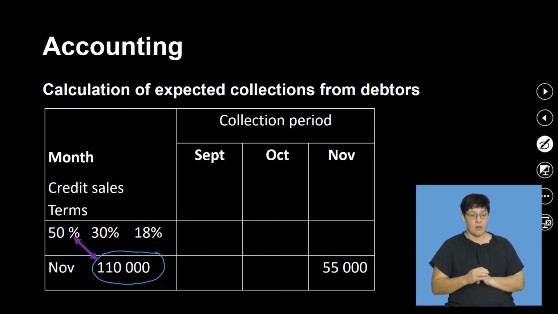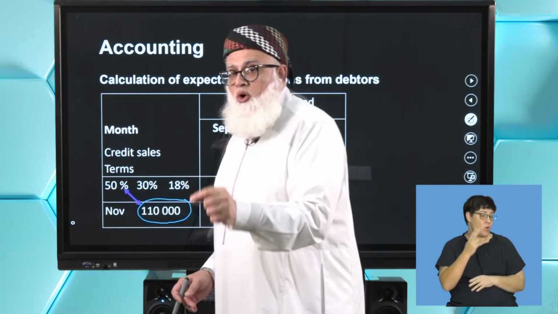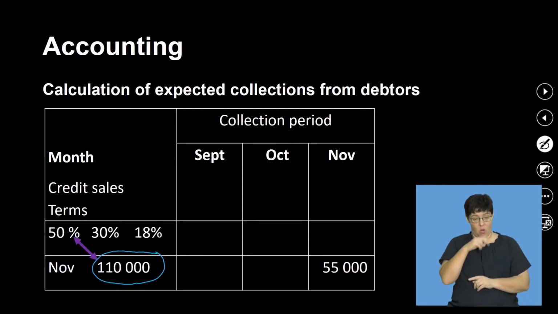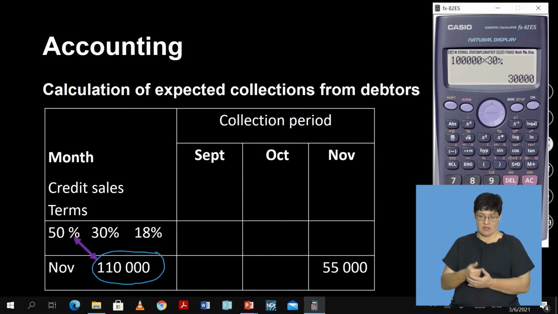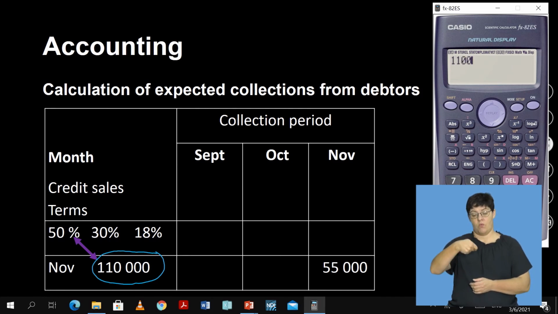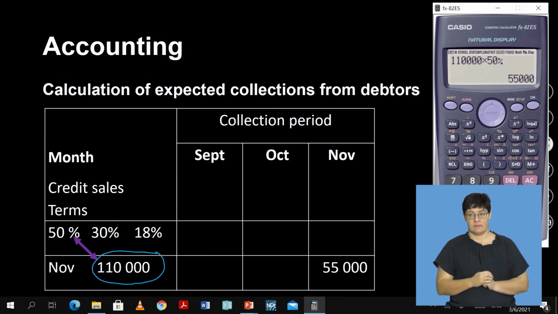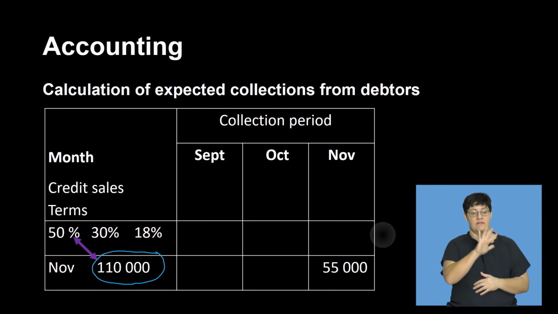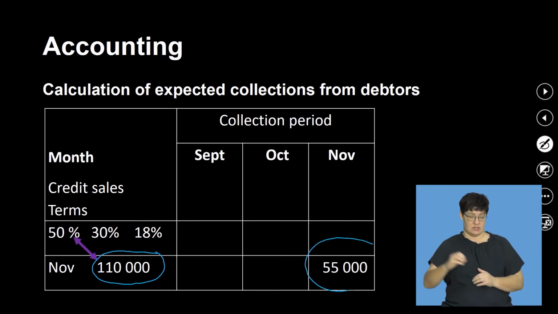I'm working with November, so 50% will pay me in November. So here we go, and we say 110,000 times my 50%, and that will give me an amount of 55,000. So here we go, there's my 55,000.